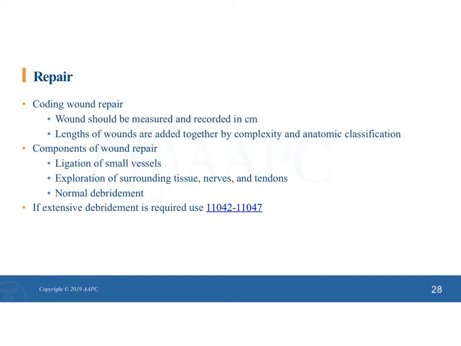For example, if there is a 2.5 centimeter wound on the scalp and a 3.5 centimeter wound on the neck, and each require a simple repair, you would add the measurements of the 2 wounds together and report code 12002. Both of the wounds were of the same classification, simple repair, and anatomical classification. Neck and scalp are classified to the same code.